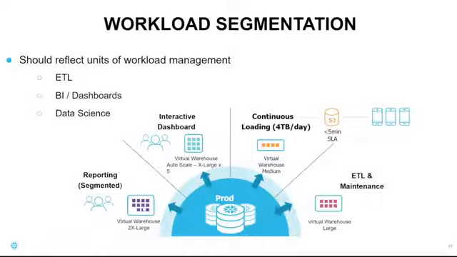For each activity, you could create a different warehouse based on your use case and the capacity on which you want to execute. Your data comes from a single location, but you have different processes with different warehouse sizes running on top of it, so that the work of one team is not impacting what the other team is doing. This is how workload segmentation happens in Snowflake.